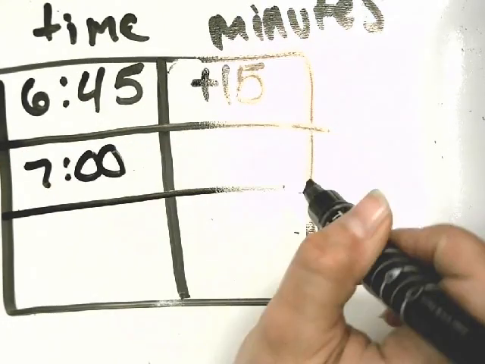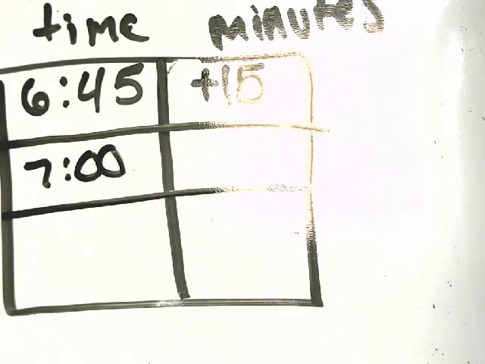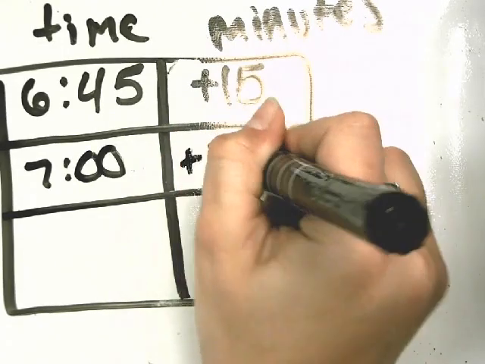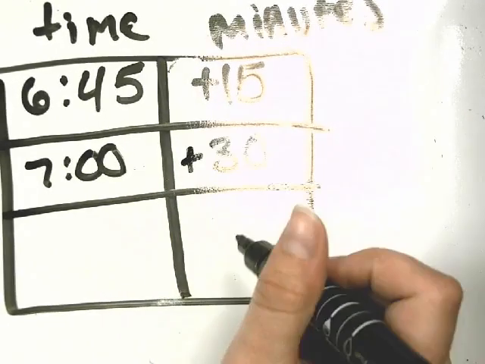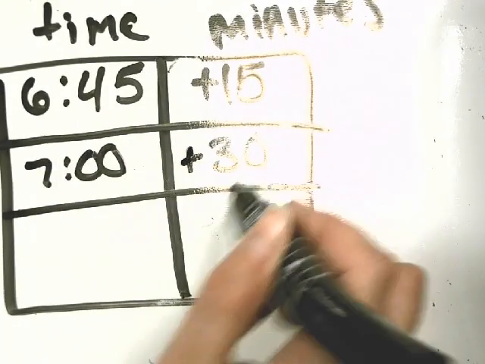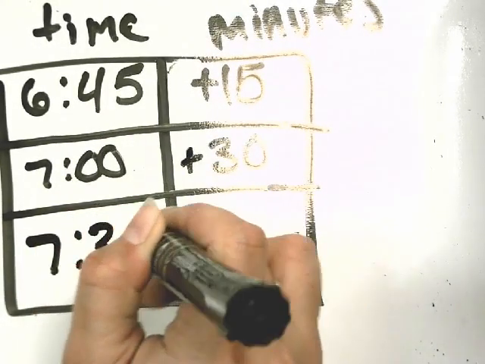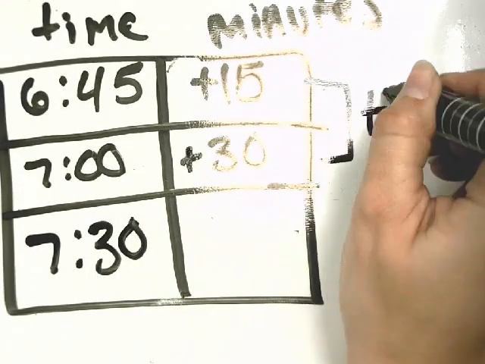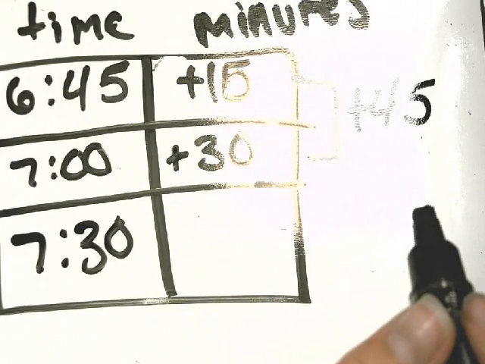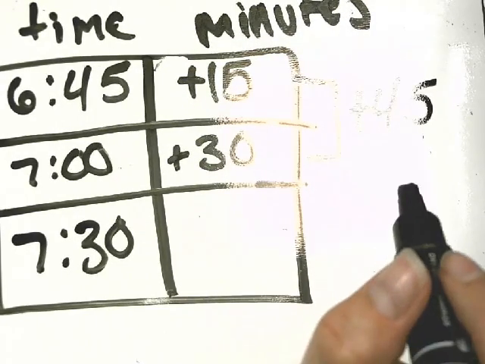Okay, well, 7 o'clock, and now I'm going to add 30 minutes, because if I had to add 45 minutes total, I know that I still need 30 minutes left. So now 7 o'clock plus that 30 minutes would be 7:30. So that would be my end time, because this 15 and that 30 would equal the 45 minutes of elapsed time that it would take me to get from my house to the school.